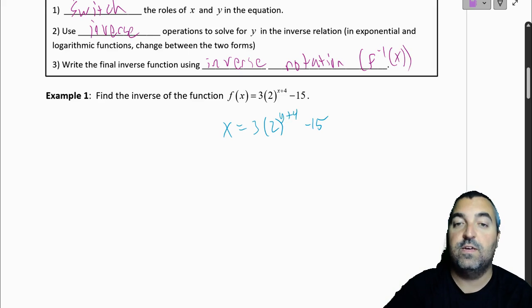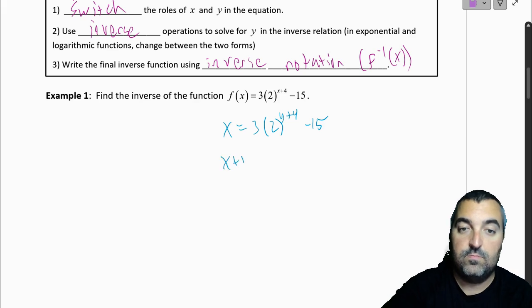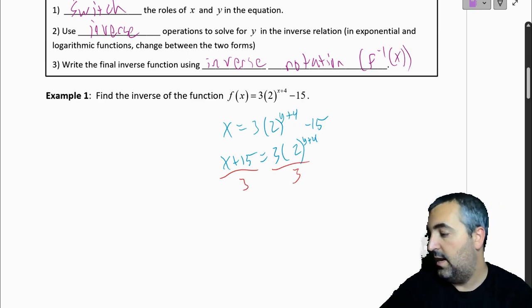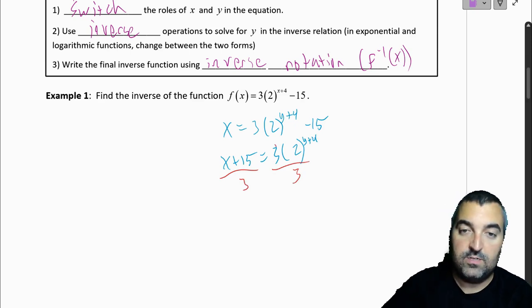We always like having y in terms of x. So let's start solving. I'm going to add 15. I don't like that 3 in the front, so I'm going to divide by 3, and I'm going to leave it as that lovely fraction there.